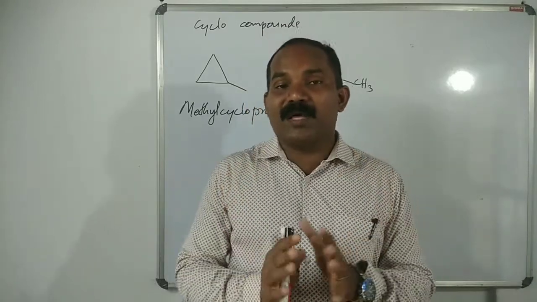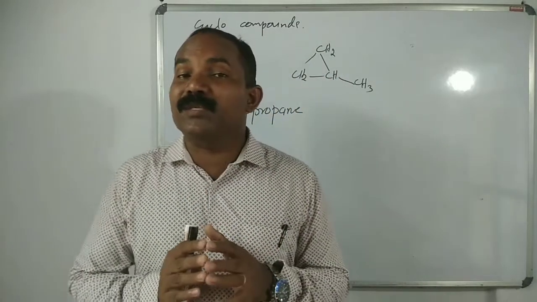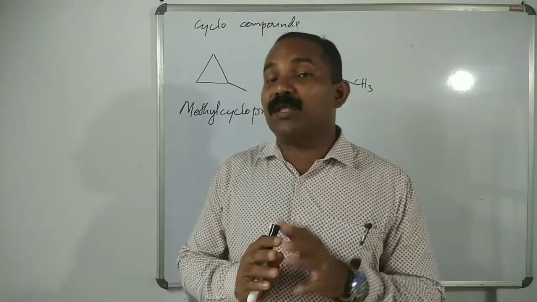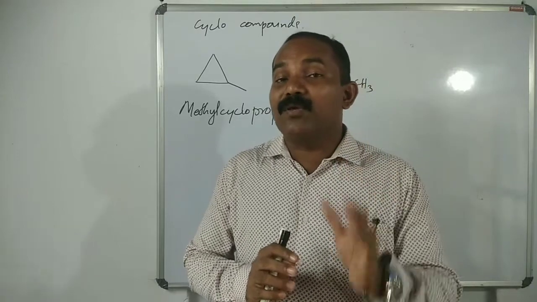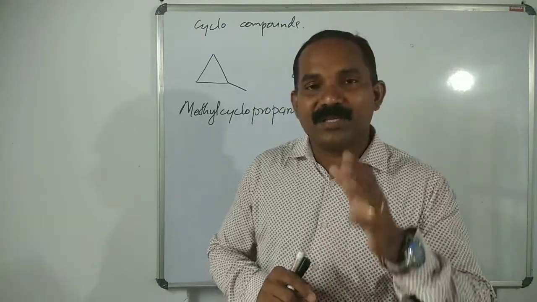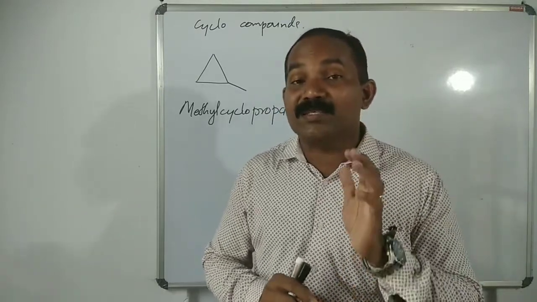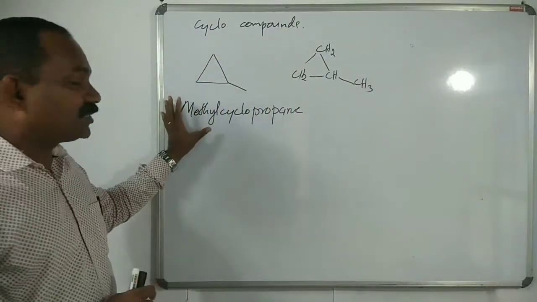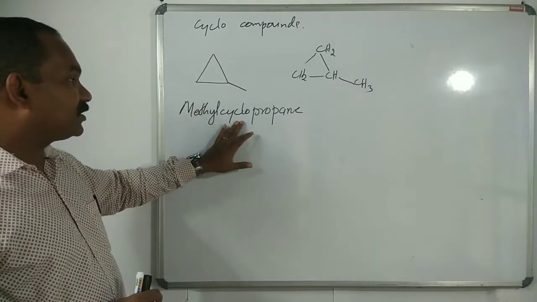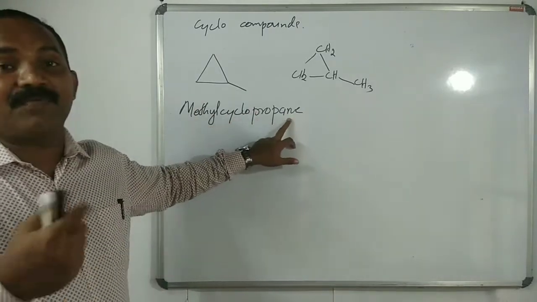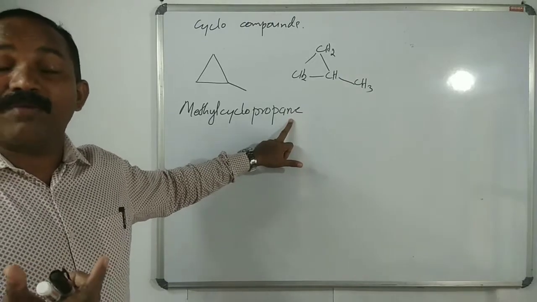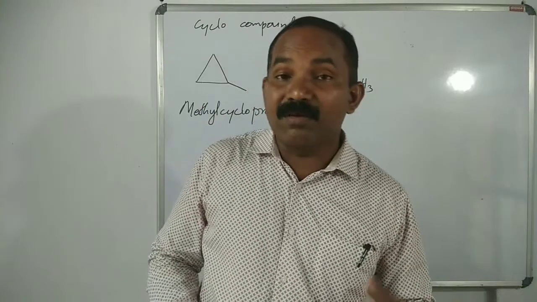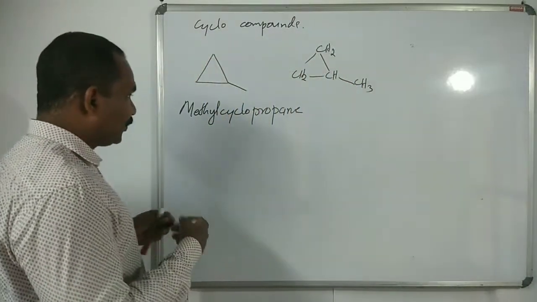So you remember that any substituents you must put as prefixes. If a cyclo compound is there, we use cyclo as a primary prefix. The other substituents are considered secondary prefixes. So secondary prefix first, then primary prefix, word root, then suffix. Here there is no functional group, so there is no secondary suffix. Secondary suffix we will discuss later.